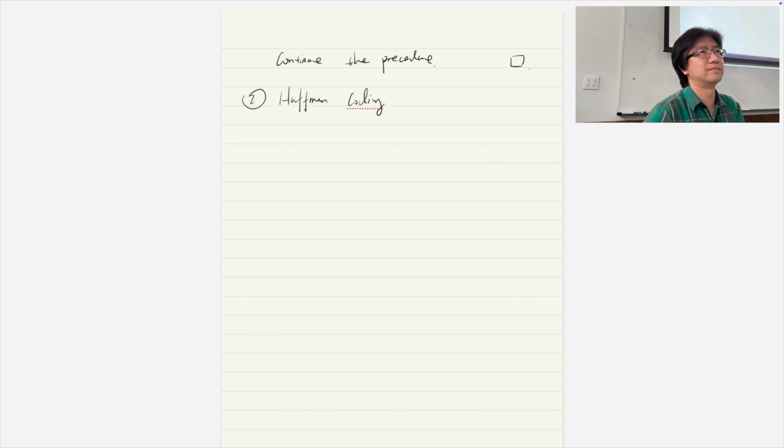I think the story I heard was that the professor gave the option to either take the final or work on this problem, and everyone else took the final, but he did this proof. Yeah, I'm not sure exactly about the story, it's been too long. I was taught that like 15 years ago. But the code is very, very powerful. It's the optimal code. Okay, let's see the construction of it.